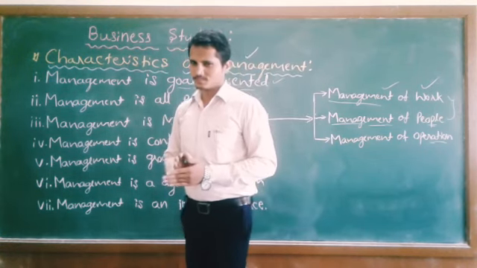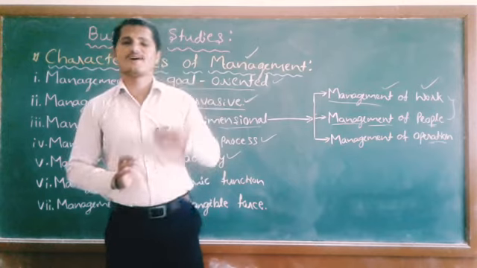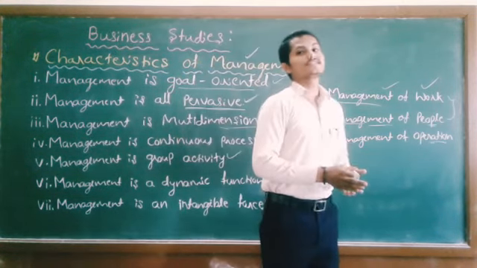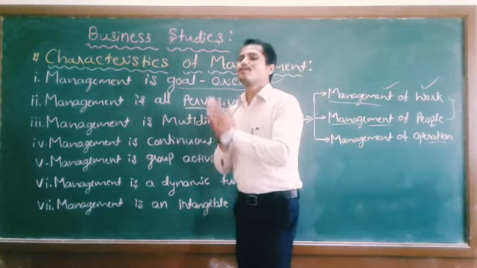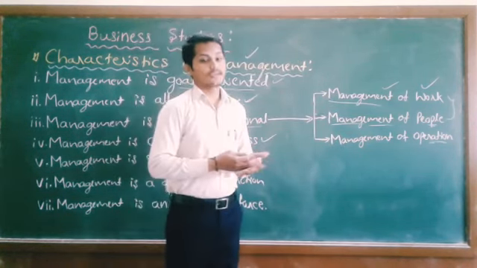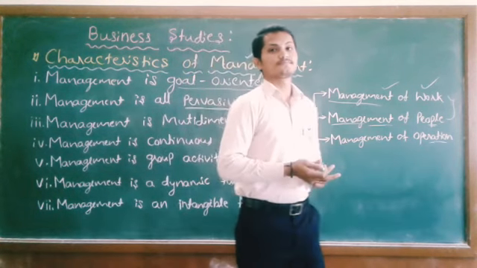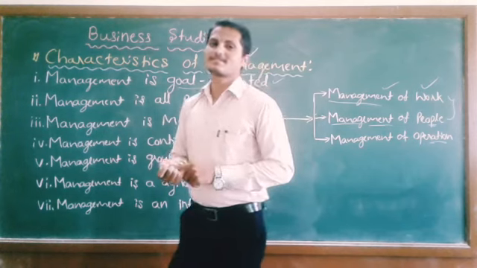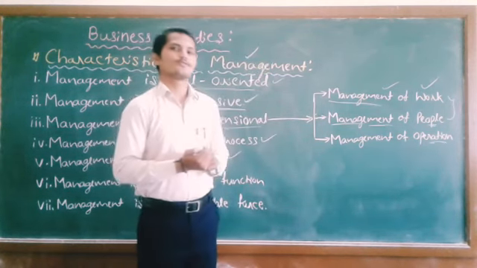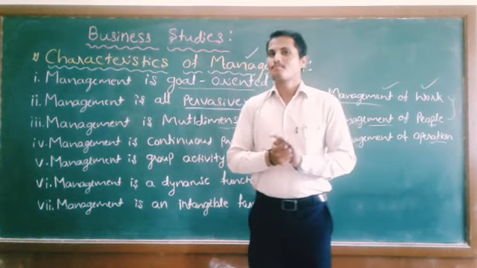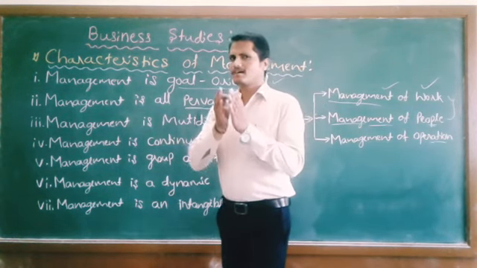If you see any industry or organization, there are a lot of individuals categorized into a lot of sectors or departments. That may be the purchasing department, marketing department, stores department, production department.